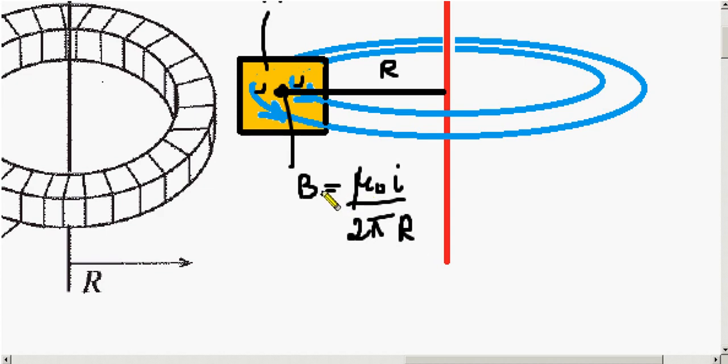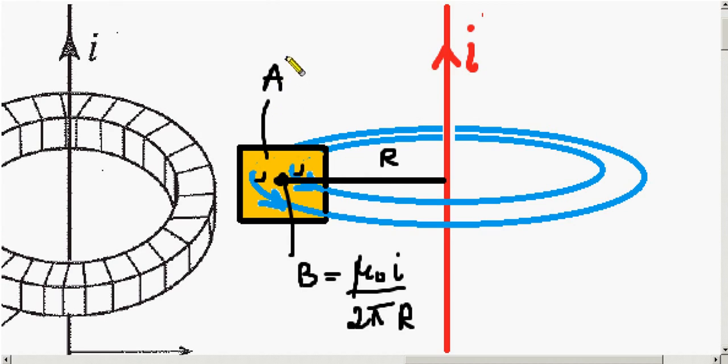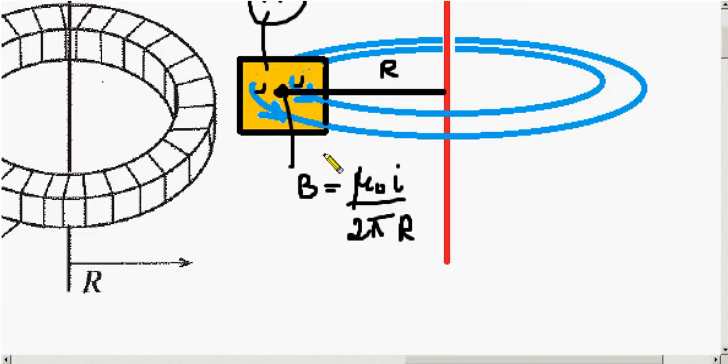So this is only the flux for 1 square meter, but there are a number of lines like this. I have drawn only 3 lines. There are infinite number of lines. Therefore we have to calculate the total flux through this capital A area.